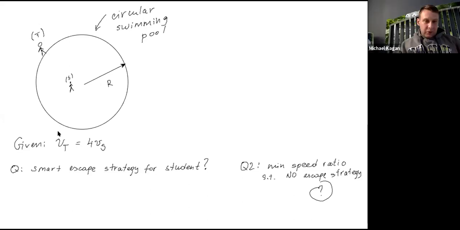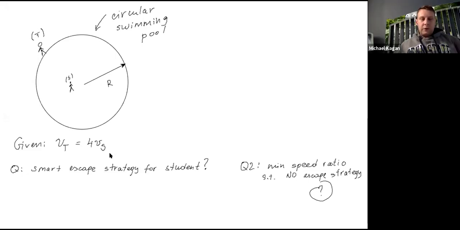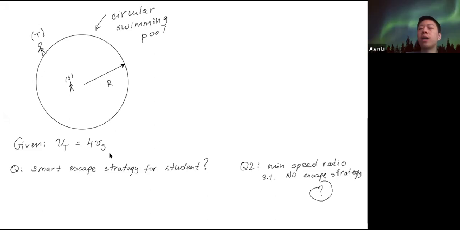So Elvin, I'm not sure if I'm getting your question. Right, so is the strategy determined on the edge of the circle? No, the student needs to get to the edge at a place where the teacher isn't. No, I know.